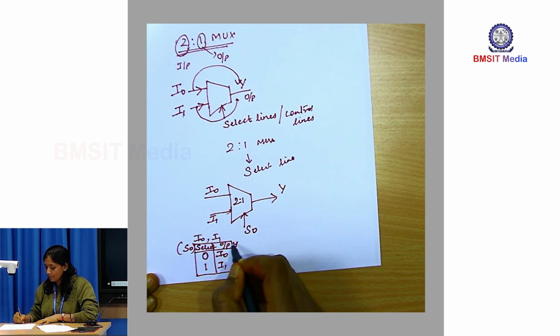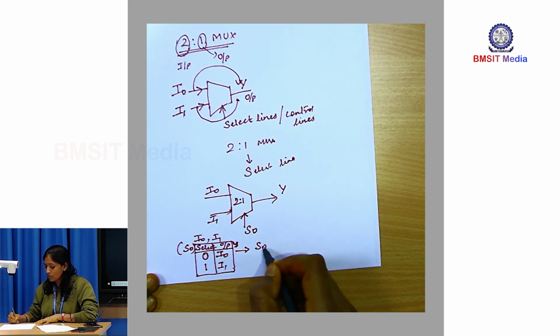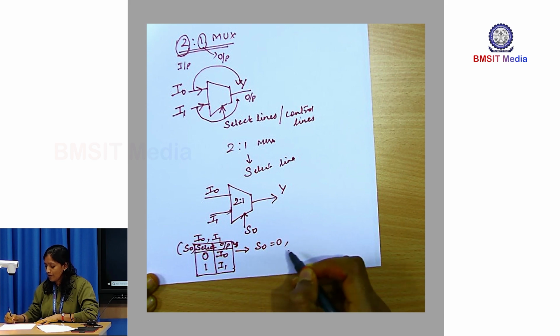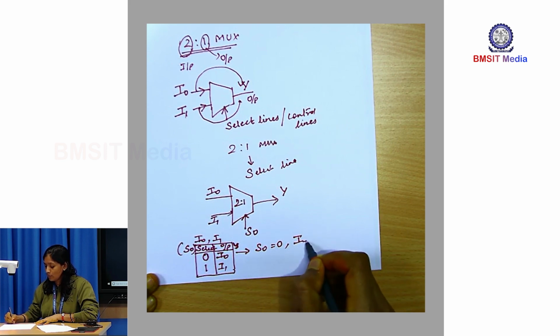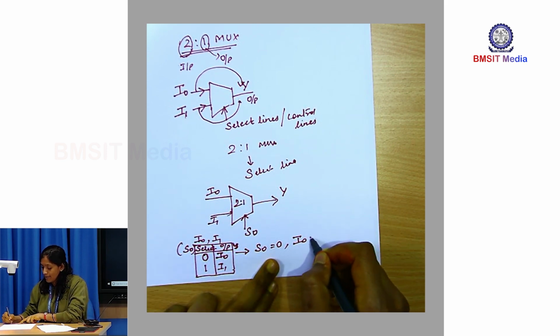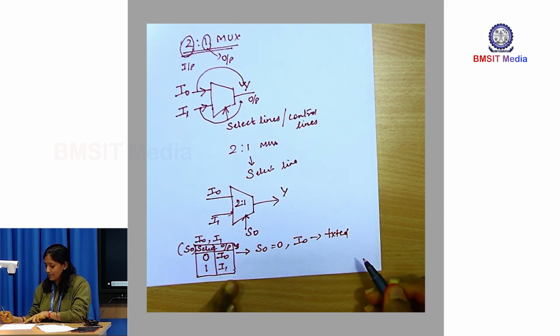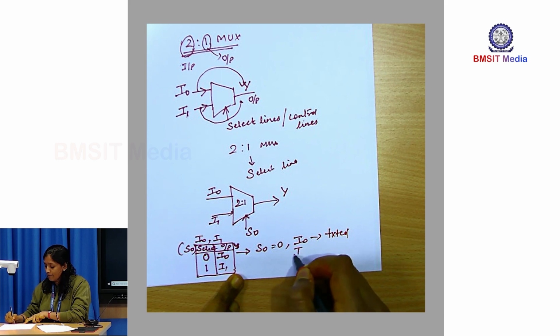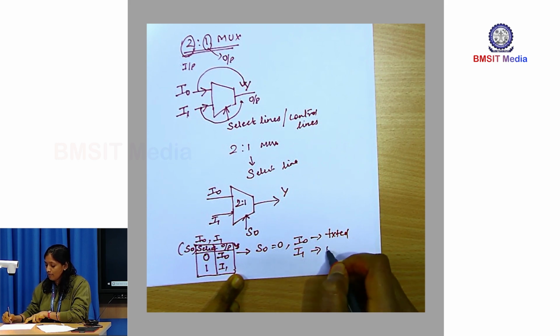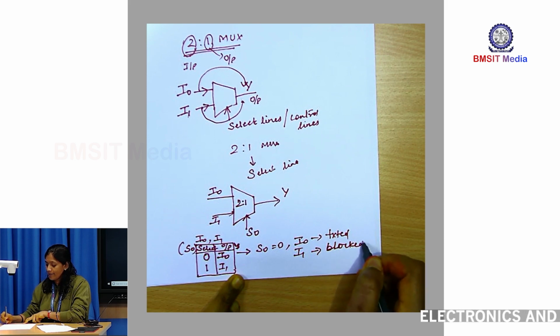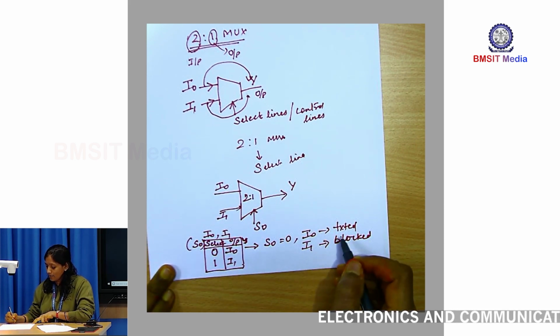So, whenever S0 is equal to 0, the I0 information is transmitted, and whatever is the I1 information is blocked. Do not transmit the information I1, transmit only the information I0.